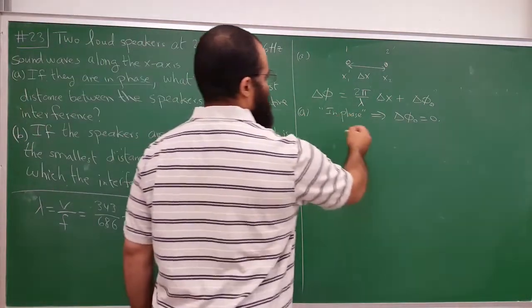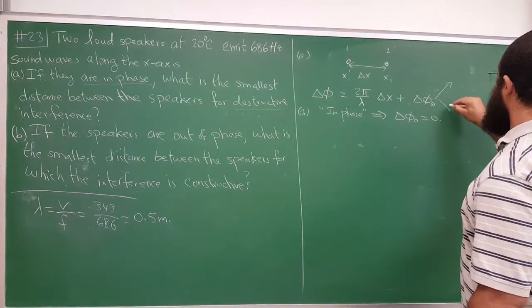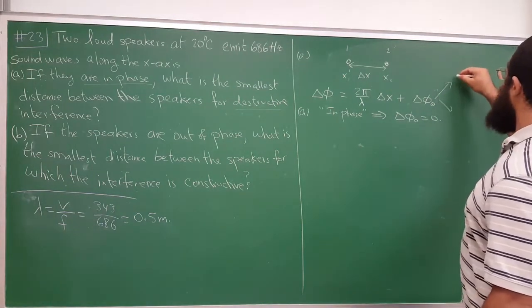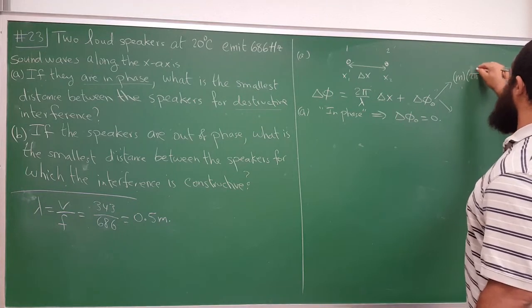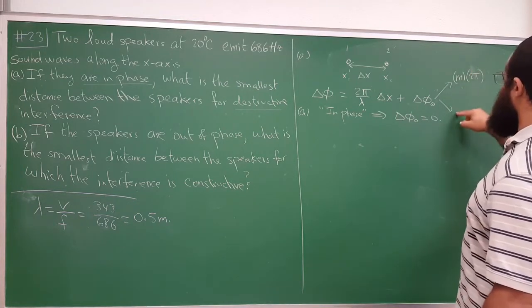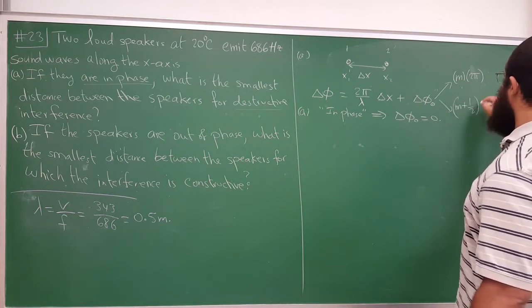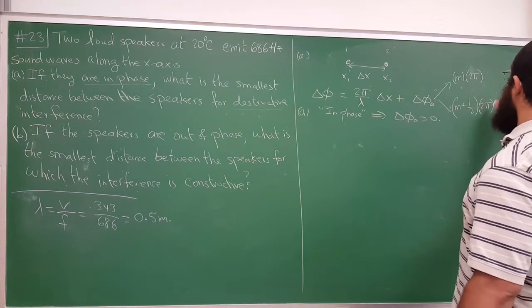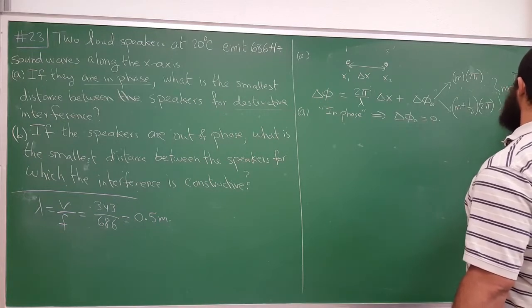We know that for constructive interference, this thing has to be m times 2 pi. And if it's destructive, this is m plus a half times 2 pi. And this m here is 0, 1, 2, and so on.